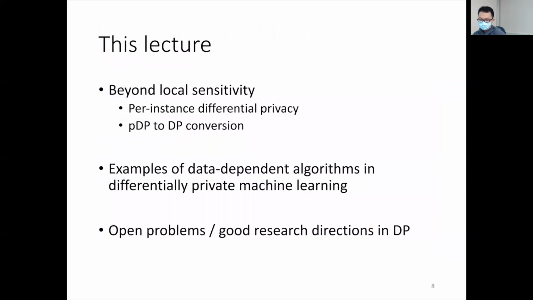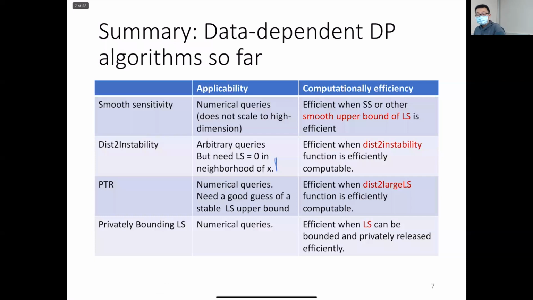Okay, so these considerations have motivated us to ask whether there are similar approaches that allow us to generalize, say, propose-test-release and privately bounding the local sensitivity, to beyond numerical queries and beyond local sensitivity, because local sensitivity is intricately tied to noise adding mechanisms, right?